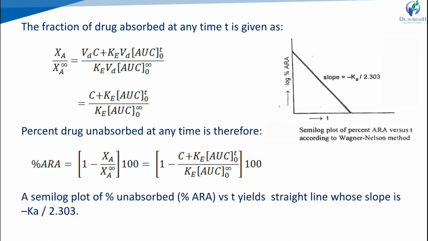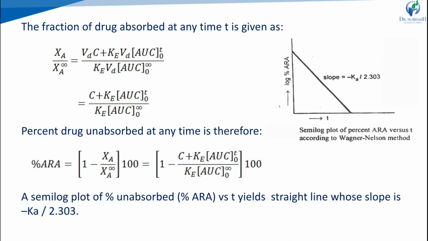Then we subtract and remove the common values, and we find the final equation: Xa upon Xa infinity is equal to C plus Ke AUC 0 to t, divided by Ke AUC 0 to infinity.